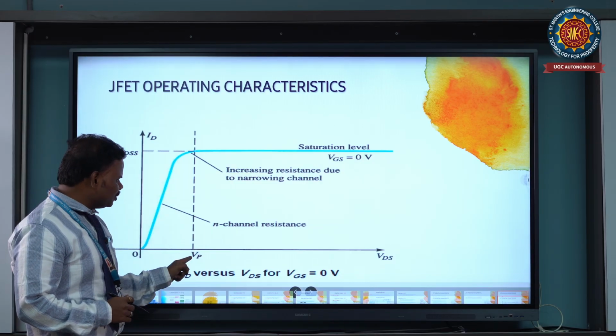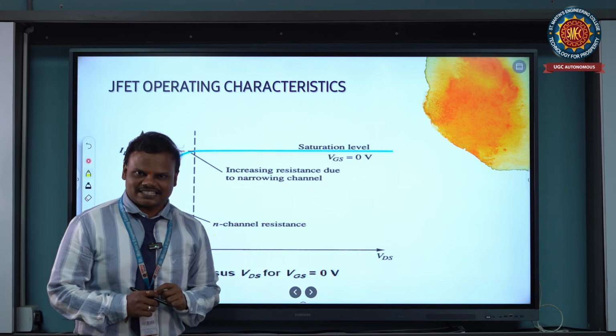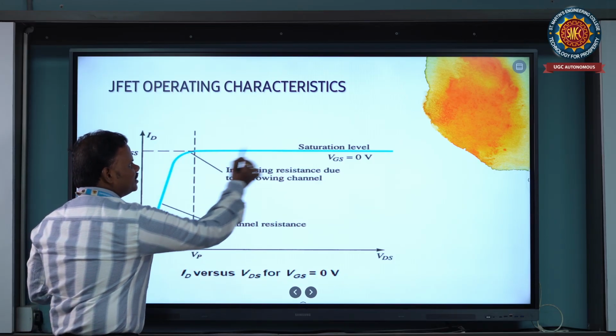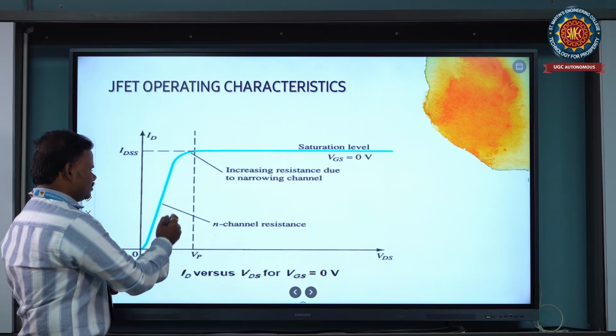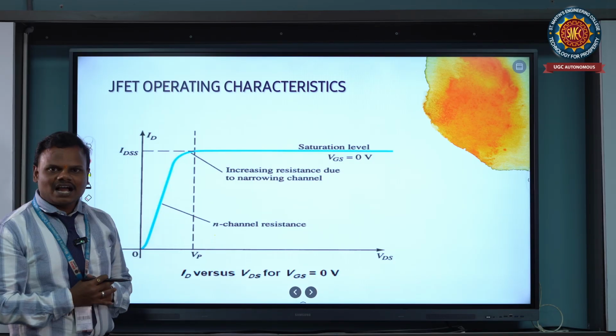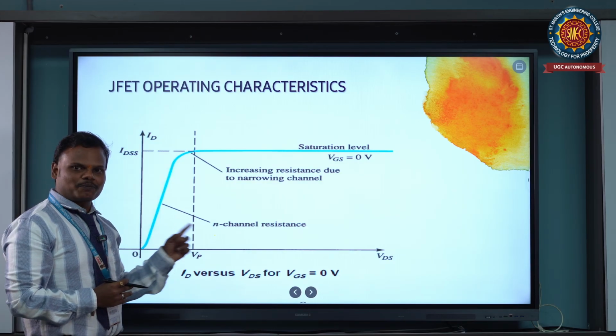After the pinch off voltage, it gives a constant current value. This region is called the saturation or pinch off region, whereas this region is called the ohmic region, as it follows Ohm's law, that is V proportional to I.